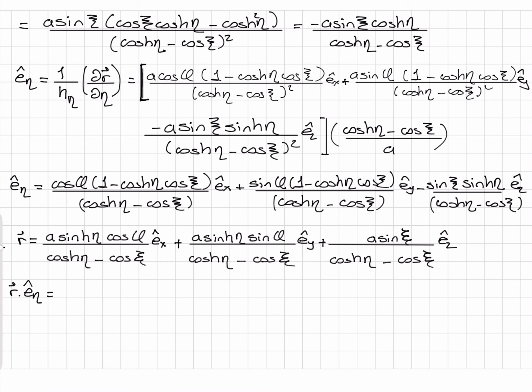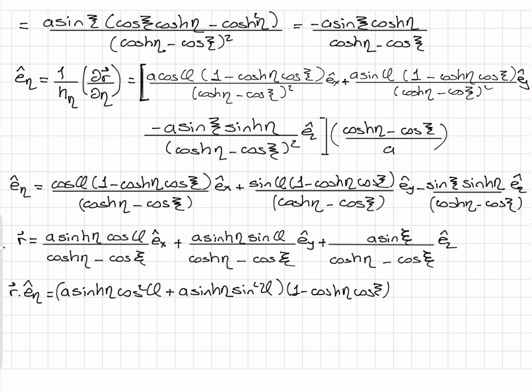So let's do that. We're going to get a sine hyperbolic eta cosine square phi. And then we will have a sine hyperbolic eta sine square phi. And this will be multiplied with 1 minus cosine hyperbolic eta cosine psi.